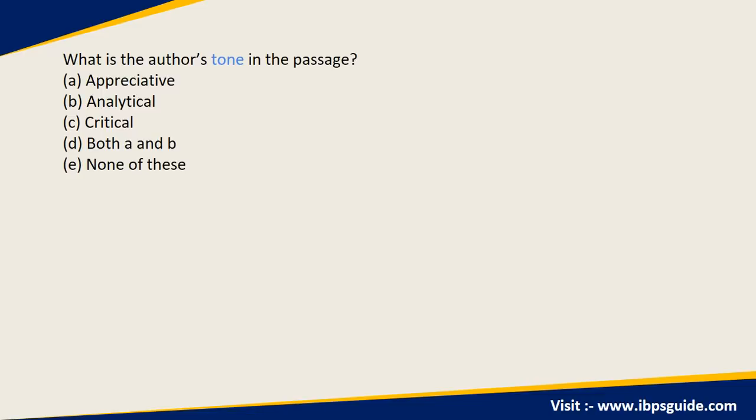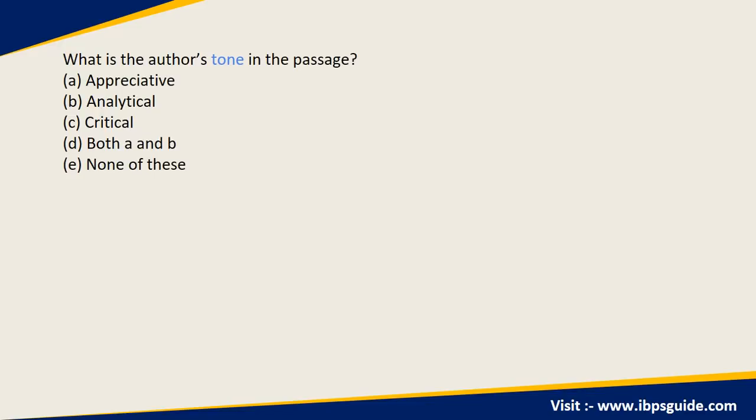Now we've come to the last question. What is the author's tone in the passage? Appreciative, analytical, critical, both A and B, and none of these. So throughout this passage, he talked about the kind of struggles that Djokovic faced and how he overcame them. So he discussed both the problems and the solutions as well. So it is definitely analytical.